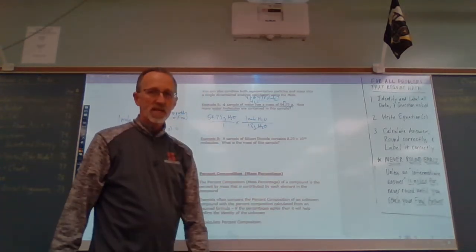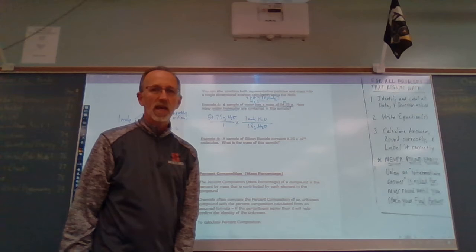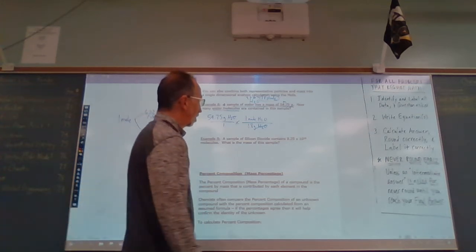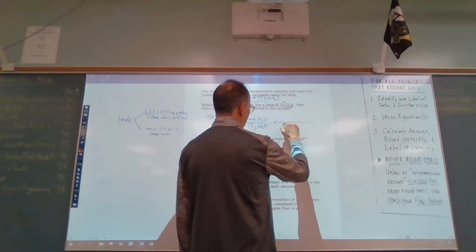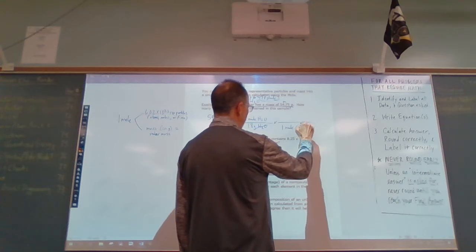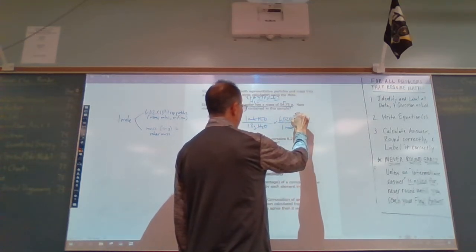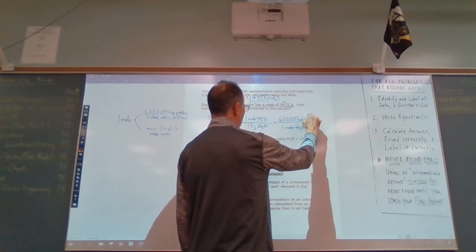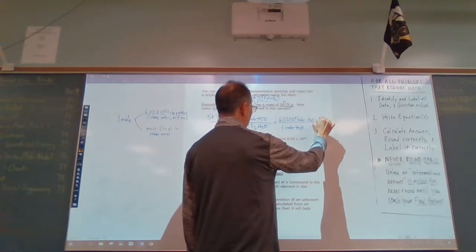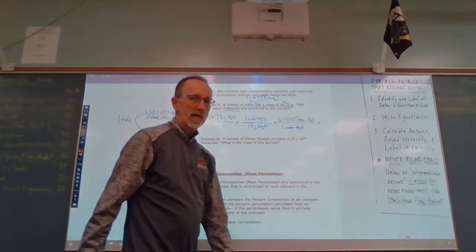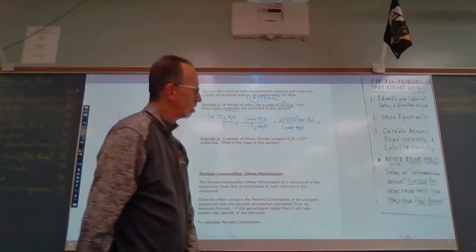Now we have moles. Can we get to molecules? Yes, we can, using Avogadro's number. So in 1 mole of water, which would now go down here so we can cancel those out, there are 6.02 times 10 to the 23rd molecules of water. And now we have molecules.